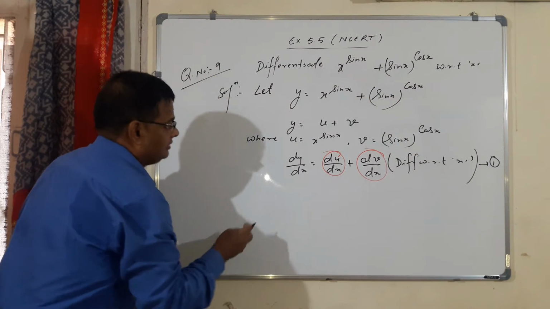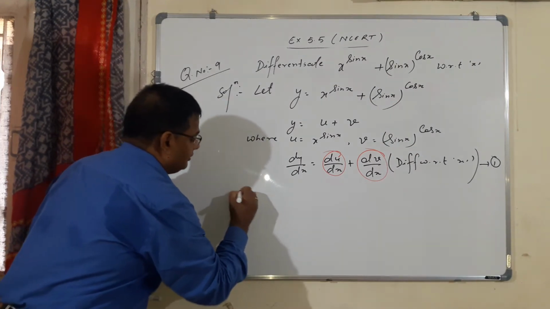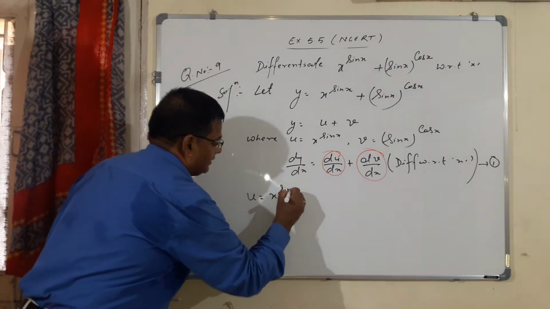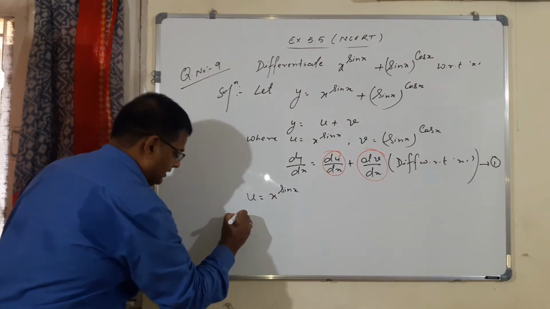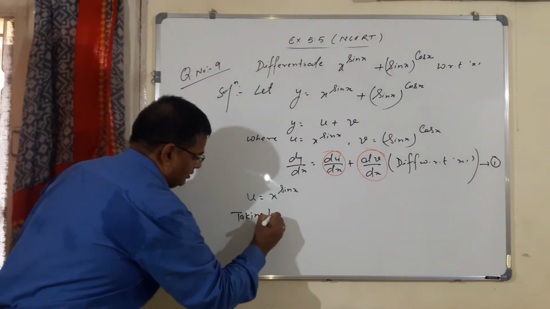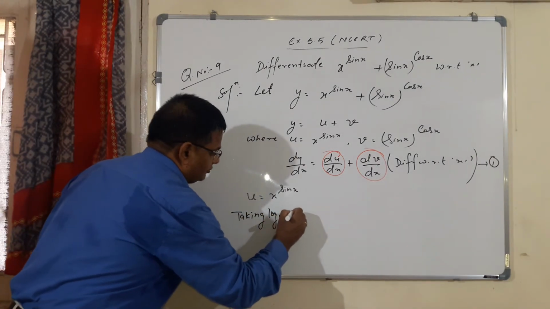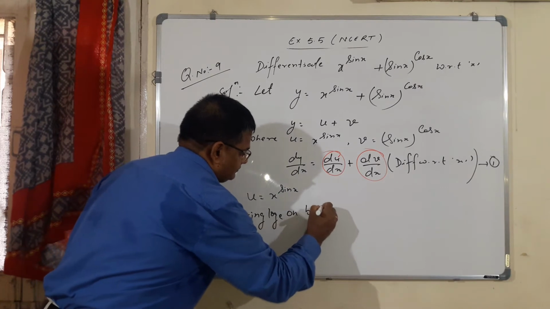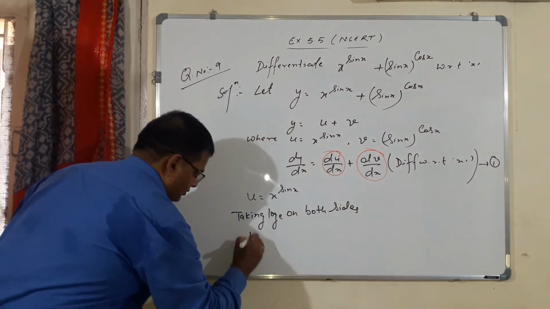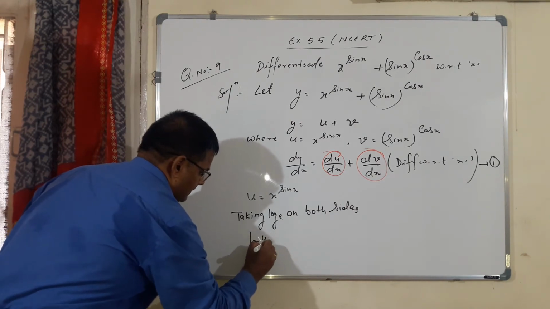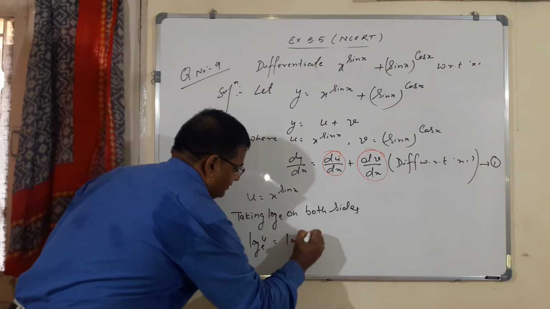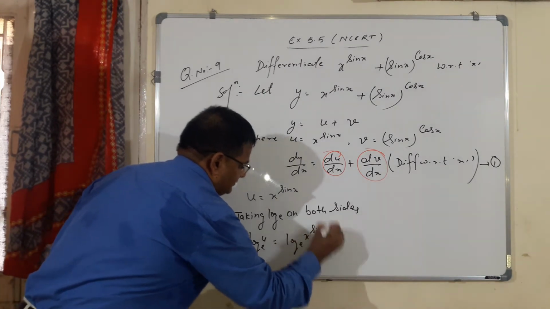So first of all, here u is equal to x raised to the power sin x. Taking log on both sides, log u is equal to log of x raised to the power sin x.